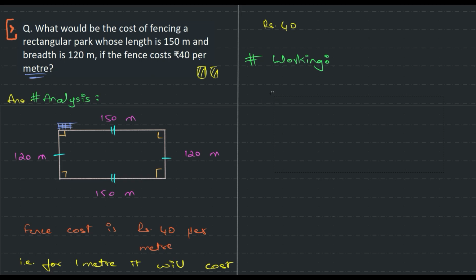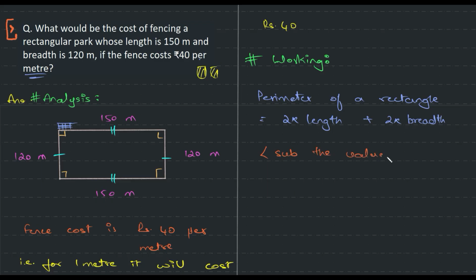So basically we are looking at the perimeter of a rectangle, which is 2 times the length plus 2 times the breadth. So let's substitute the values. So this will be 2 times the length.